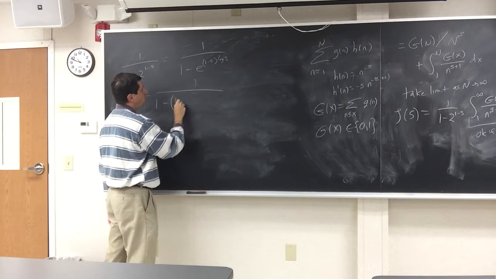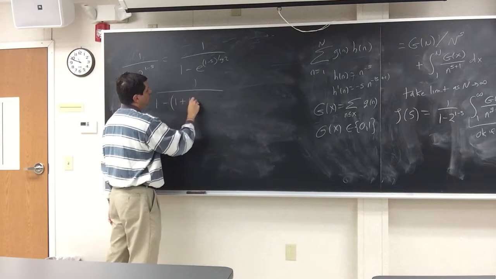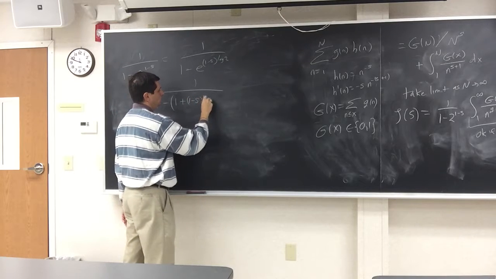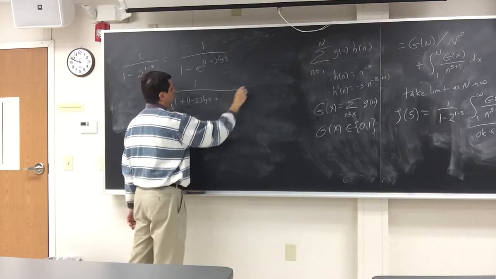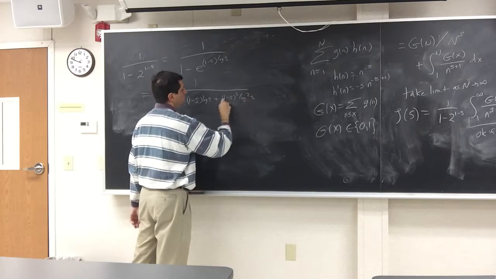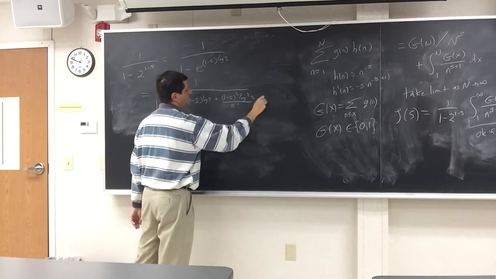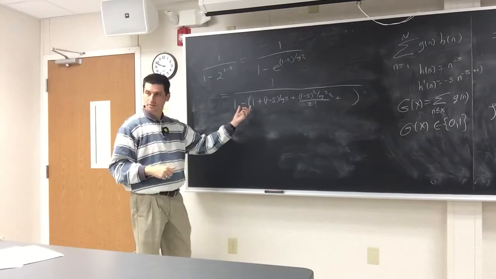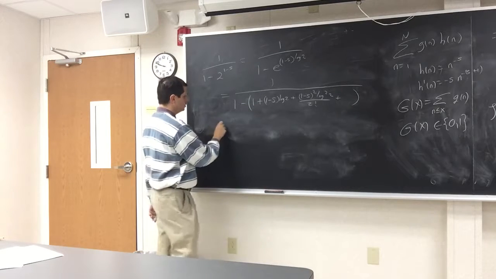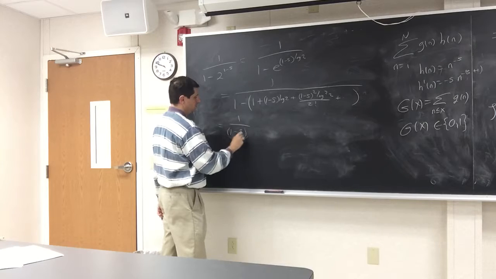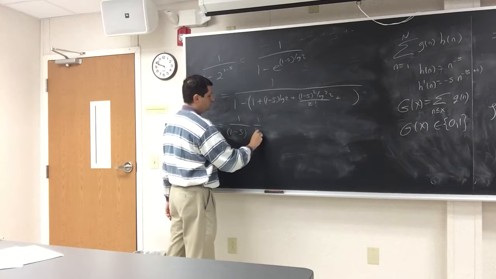So I'll get 1 plus (1 minus s) log 2 plus (1 minus s) squared log squared 2 over 2 factorial plus dot dot dot. The ones cancel. I can pull out a 1 minus s times log 2.